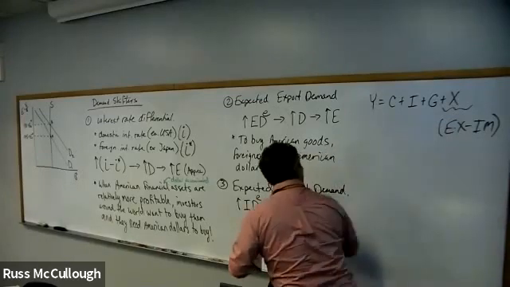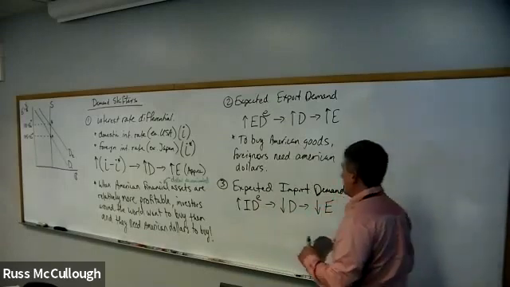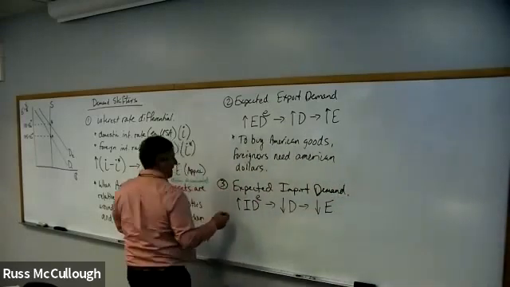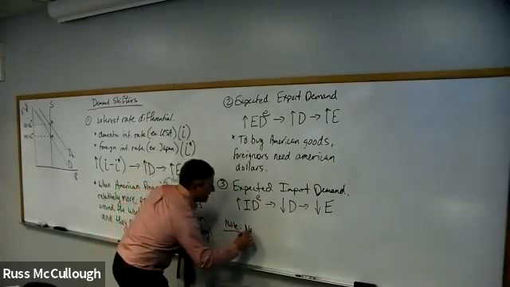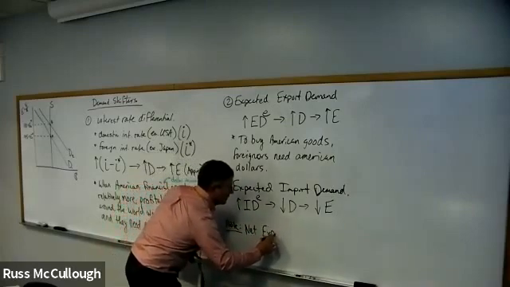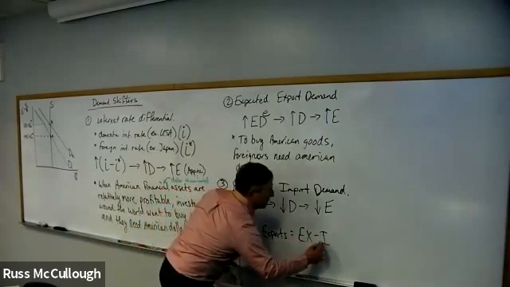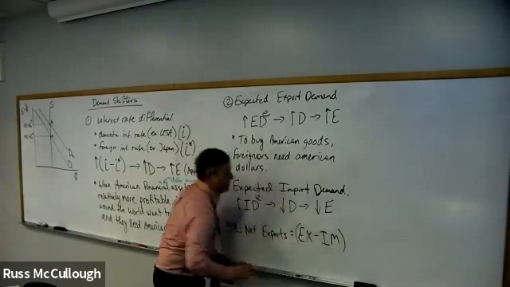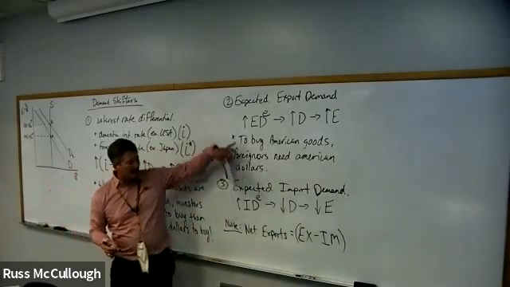So I don't know if that helps you or hurts you, but I guess I'll throw the note in, or you guys don't write it in your notes if you don't like it. So I'll just put note. Net exports equals exports minus imports. And so you can think of this up arrow, down arrow working that way too.